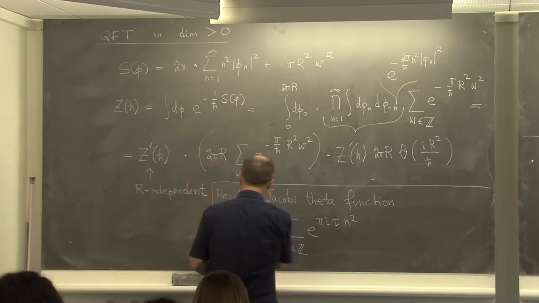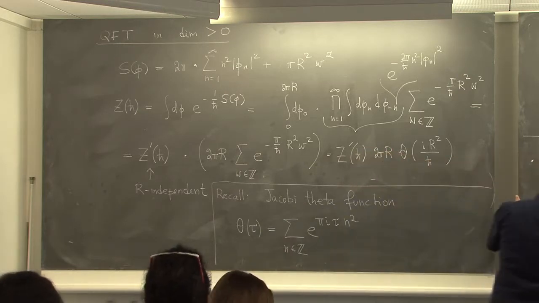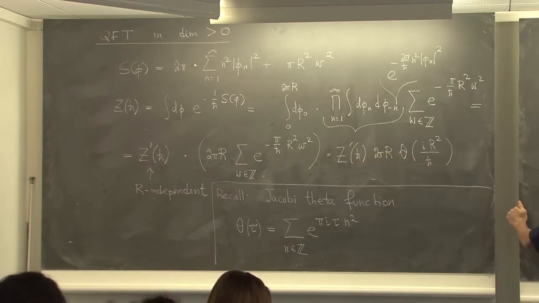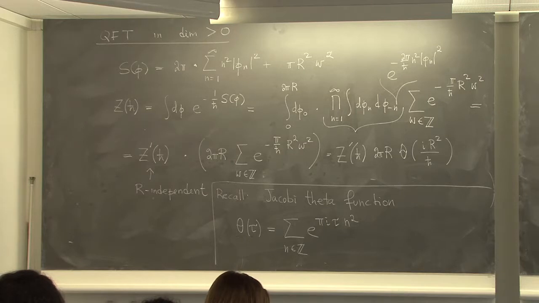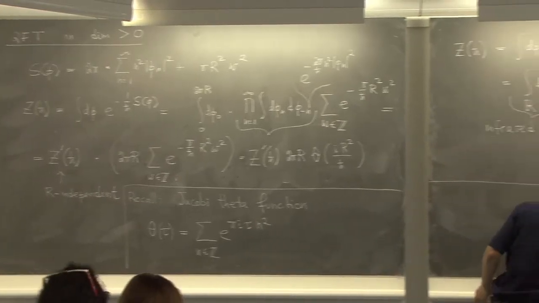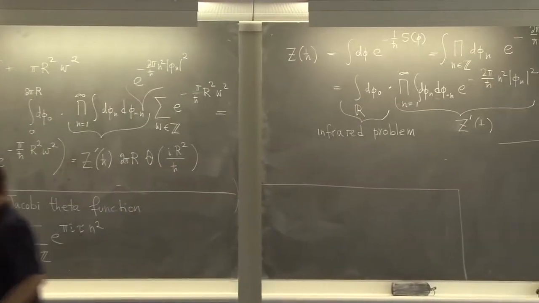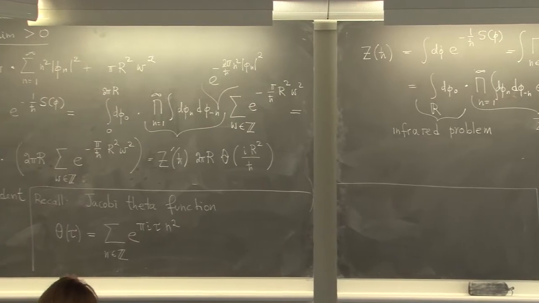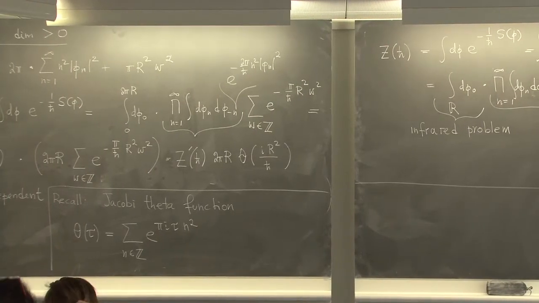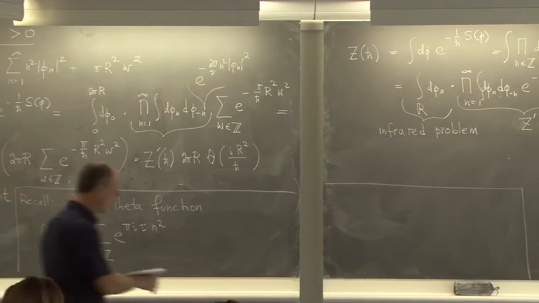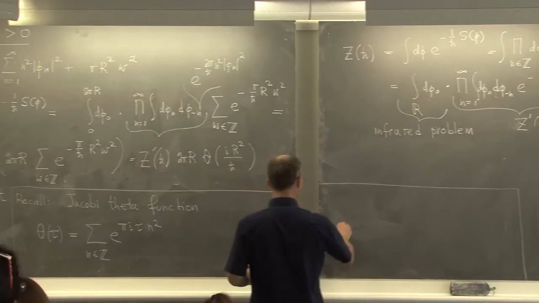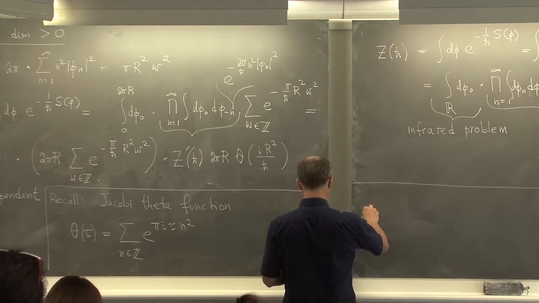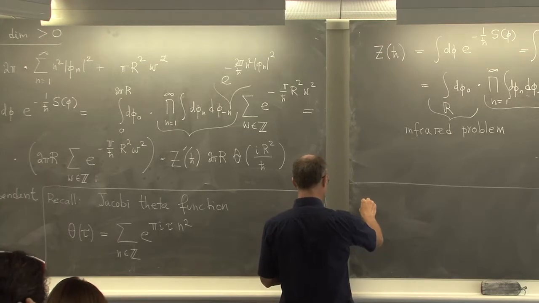But an interesting thing is that the Jacobi theta function has the following extraordinary property. Sometimes it's called a modular transformation. Let me copy it because I'm afraid to make a mistake.